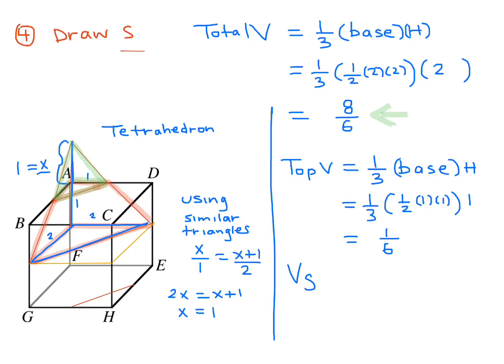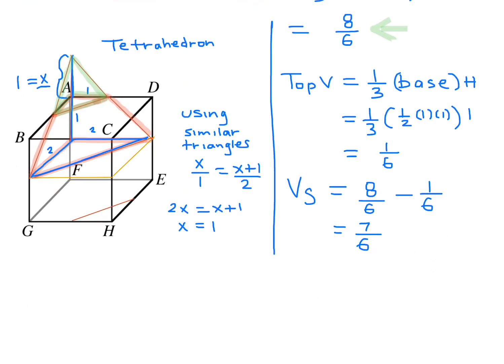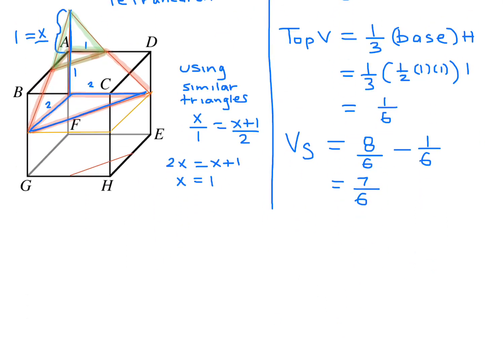The volume therefore of S, our S that we are trying to figure out, is the total volume, which is 8 over 6, minus the volume of that top part I shaded in green. And therefore this is 7 over 6. Perfect. We have one final step remaining and we will figure this out.